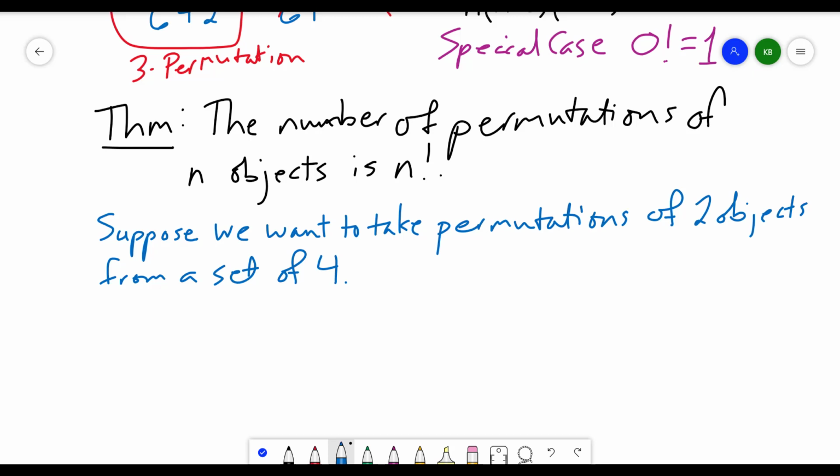Well, what we do is, again, our multiplication rule. I have 4 possible objects, I have my whole set, and then I have a different element from the set. So I have 4 possibilities for my first element and 3 possibilities for my second element. I multiply them together, and I find that I have 12 possibilities.